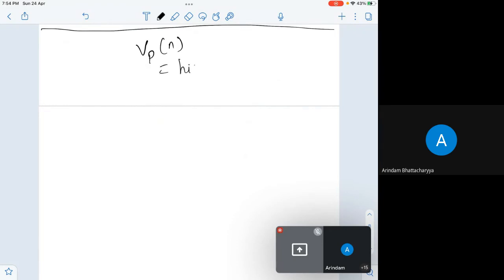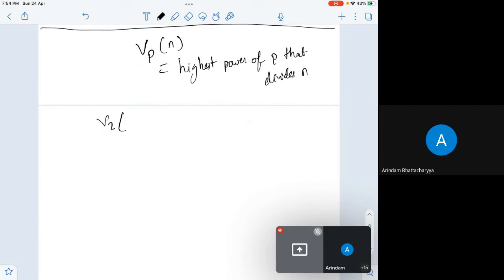This means the... so V2 of 36 would be 2. V3 of 49 would be 0. Does the notation make sense? This is just the highest power of P that divides n.